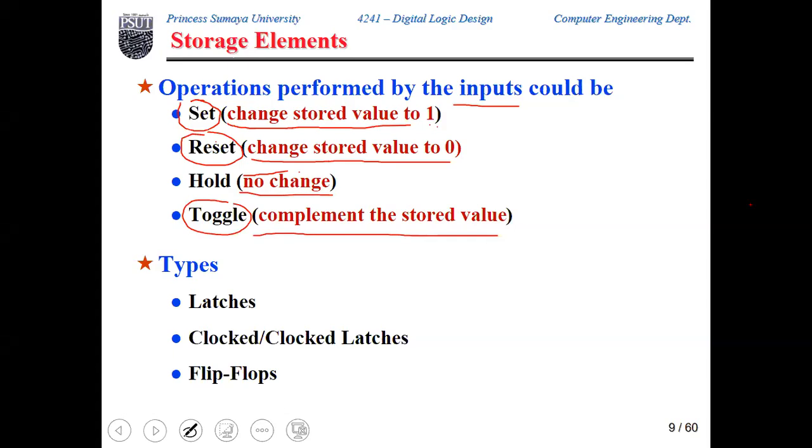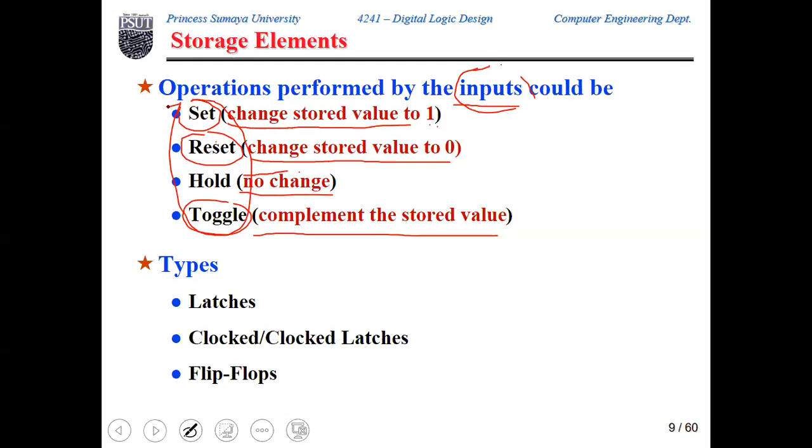All right, so these are different types of operations that can be performed by the inputs of the storage element, depending on its type. Not all storage elements support all these operations. Some of them support all, and some support a subset of these operations.